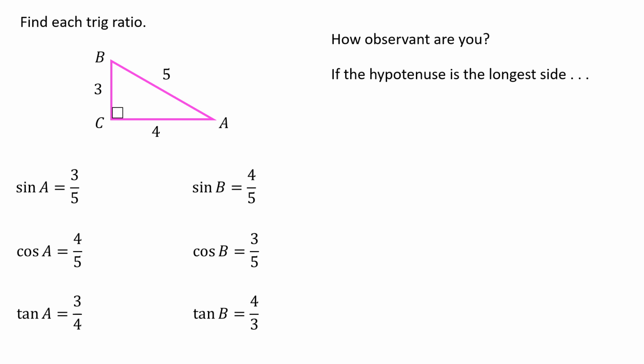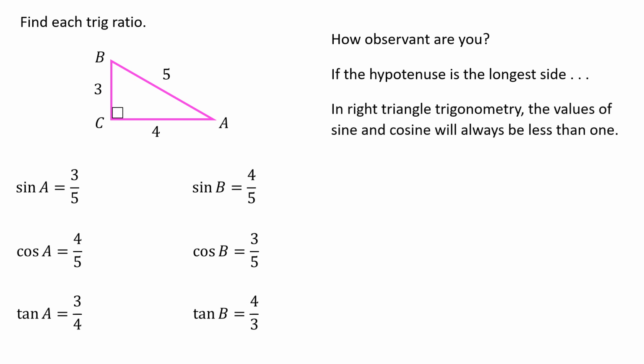Right? If the hypotenuse is the longest side, in right triangle trigonometry, the values of sine and cosine will also be less than 1. Right? Because opposite over hypotenuse will have to be less than 1 because opposite is smaller than hypotenuse. Adjacent over hypotenuse has to be less than 1 because adjacent will be less than hypotenuse.